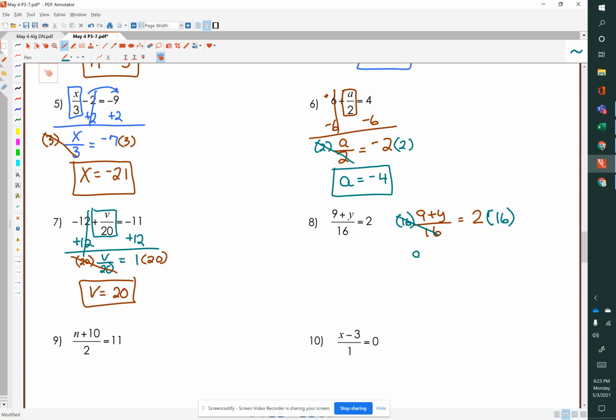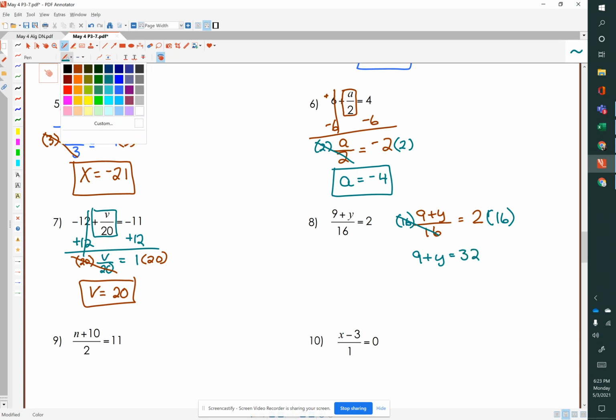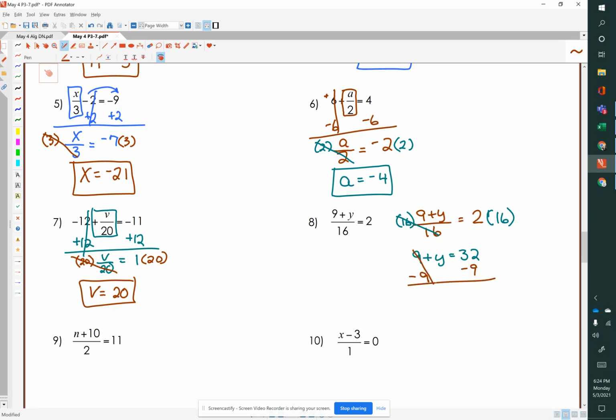And that gives us 9 plus y equals negative 2 times 16, which is negative 32. Now we can isolate that y by subtracting the 9, which we will do from both sides of the equation to get y equals negative 41. And that is a final answer.